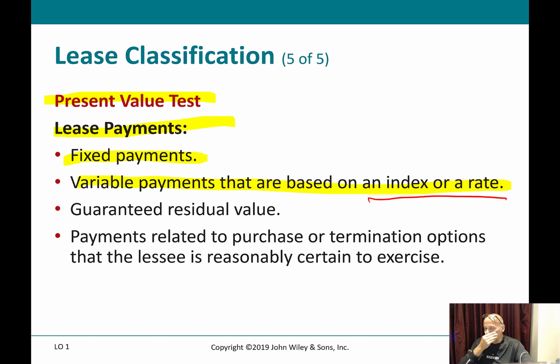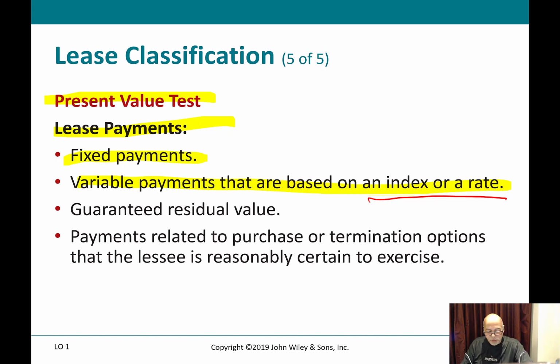Well, if you beat the property up and it's only going to be worth $2,000, then the presumption is, hey, you're going to have to pay that $5,000 to bring me back whole, or 2 plus 3, whatever. So whatever that guaranteed residual value is, for the purposes of determining if the lease payments meet the 90% test, you would include those payments, okay?